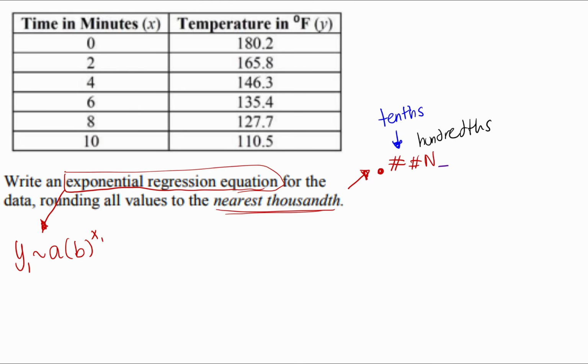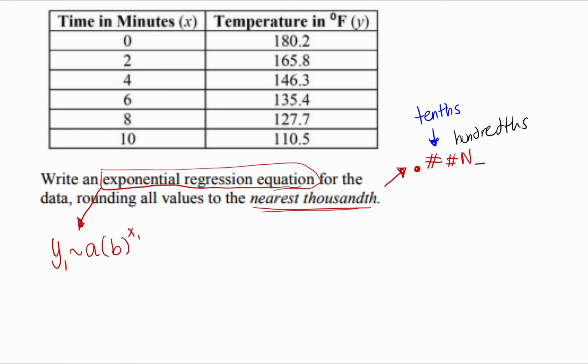All right. Now, just to make your life a little bit easier, I was able to type this information onto Desmos prior to this, or my TI-84. And I found that the parameters are the following. My A value, when rounded to the nearest thousandths place, is approximately 180.377. My B value is approximately 0.954.